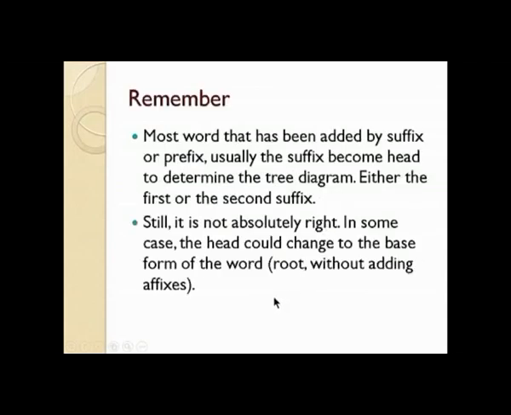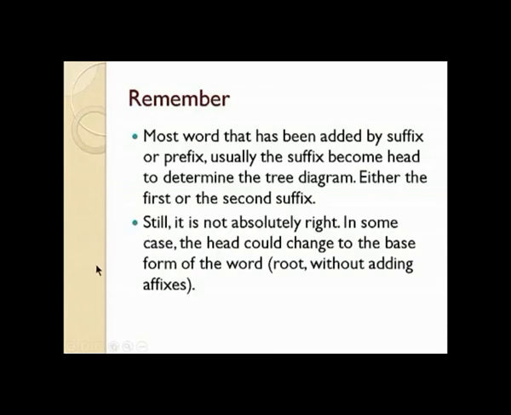Okay, then remember about this. For most words that have been added with a suffix or prefix, usually the suffix becomes the head to determine the tree diagram, either the first or the second suffix. As you have known before, the example unhelpfulness is proving this statement. But it still is not absolutely right.